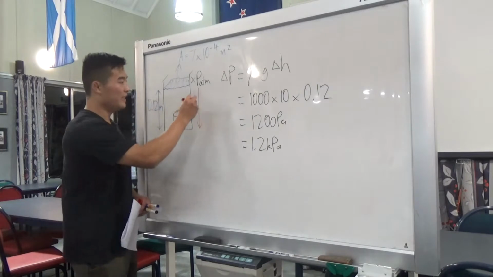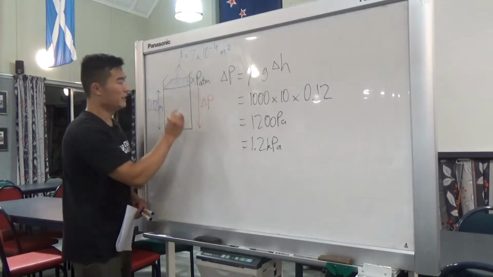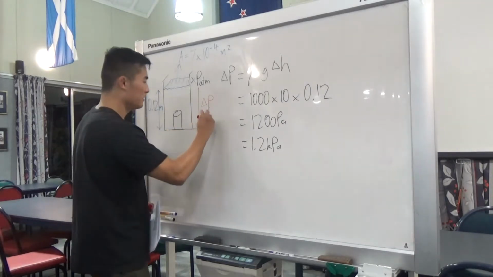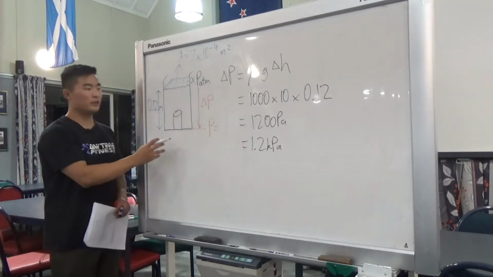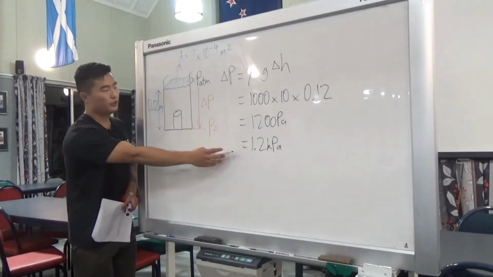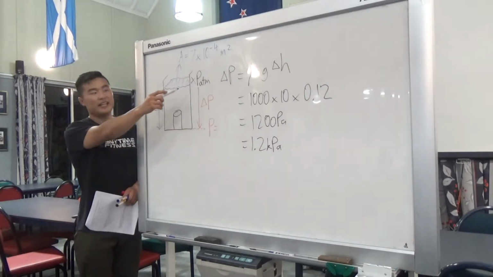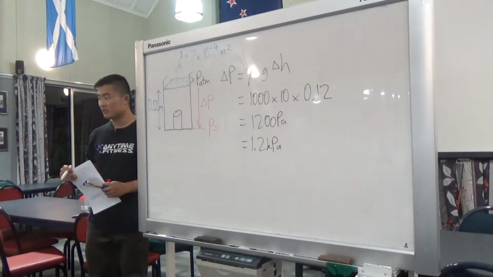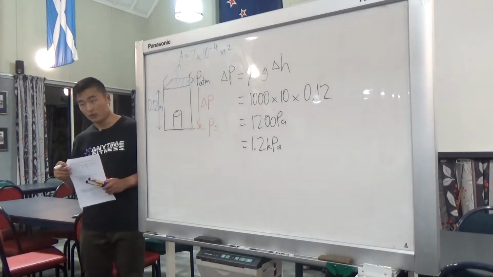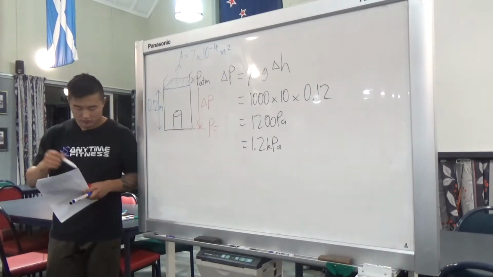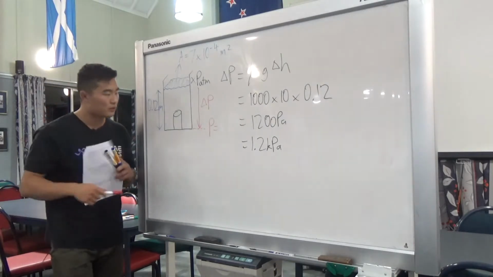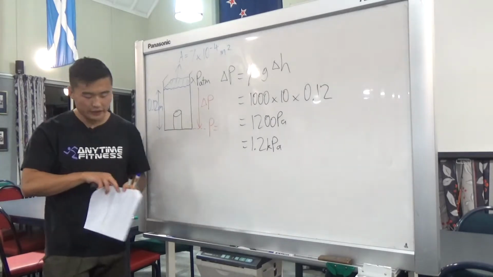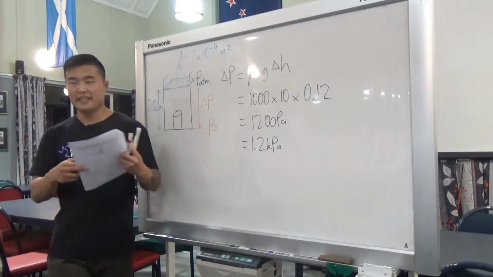So we've just calculated the difference in pressure between this point and this point. At the bottom of the beaker, the pressure is 1.2 kilopascals greater than the pressure at the top of the water, which is atmospheric pressure. Okay? Yeah, that was a good question, because I should have explained that at the start.